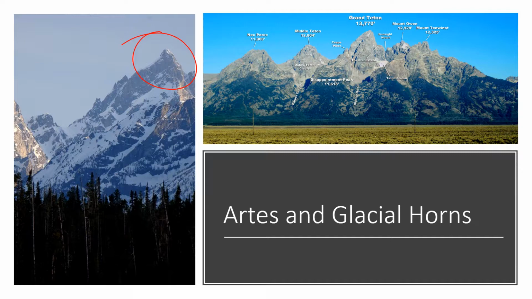Another feature you'll find is called arêtes, and I spelled that wrong. Arête, with a little accent there.